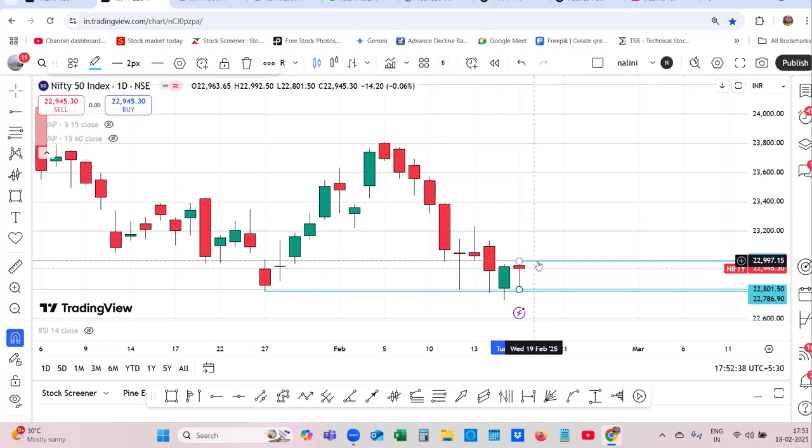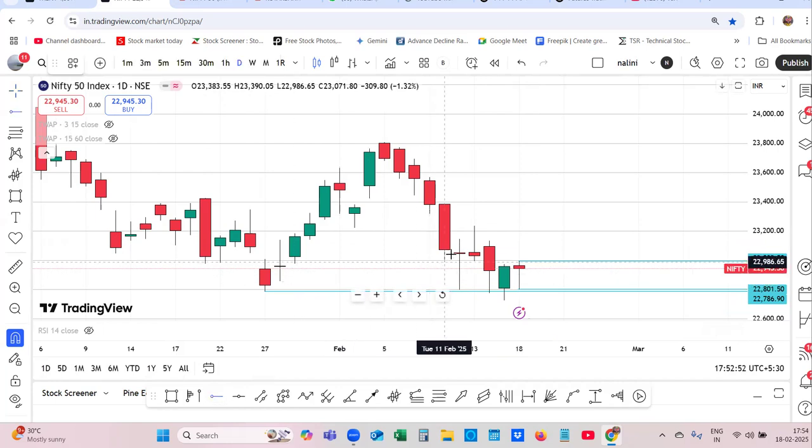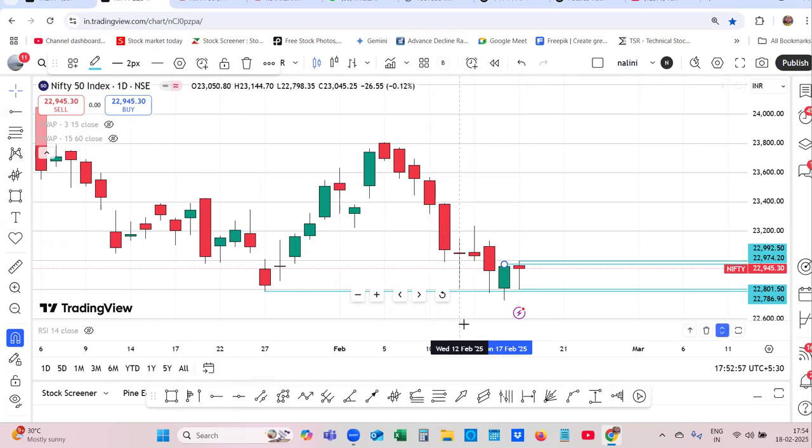Let me change the time frame. Let me mark the previous day high because we have traded today, right? If I place the cursor on this and take the tool, exactly, it will mark the previous day high.